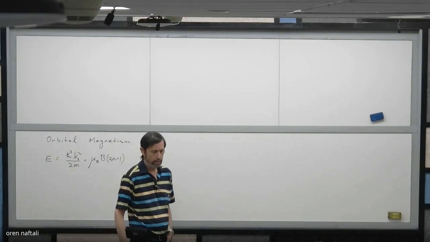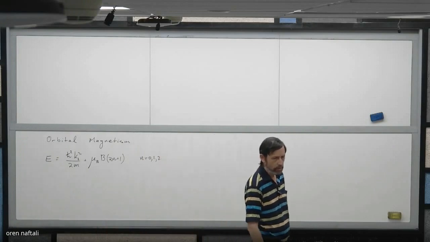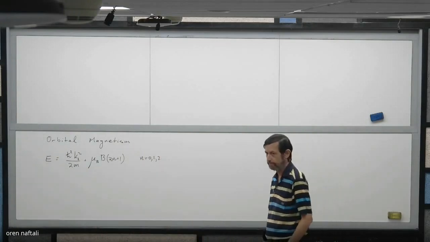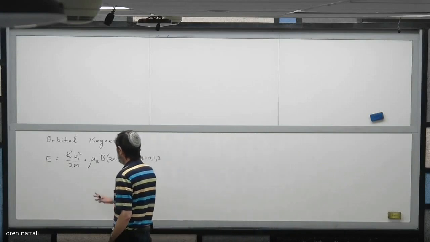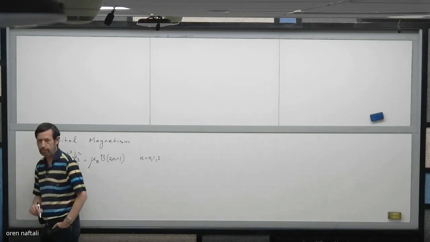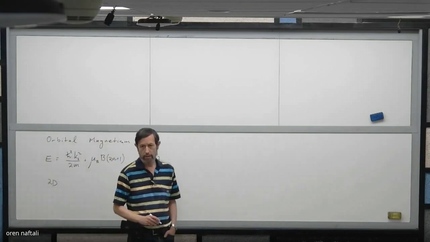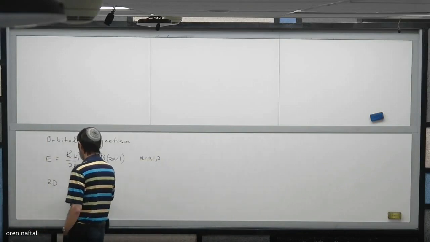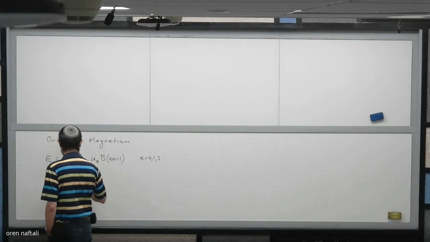And we named it the Landau levels. And for the moment, we're considering the case of 2D, which means that kz is equal to 0.